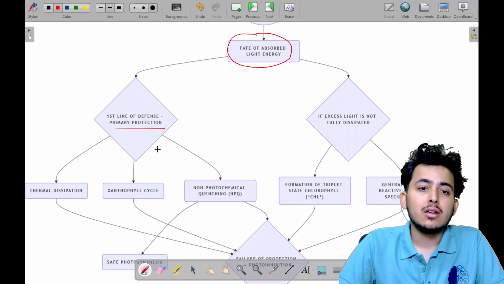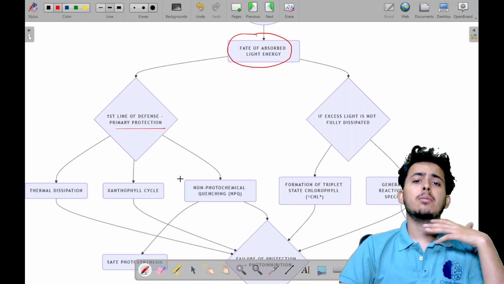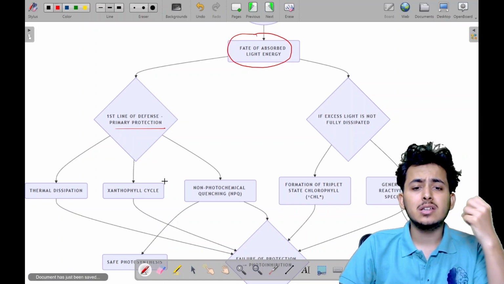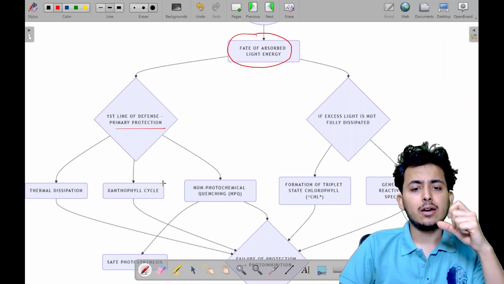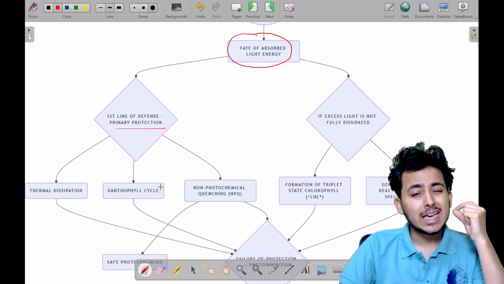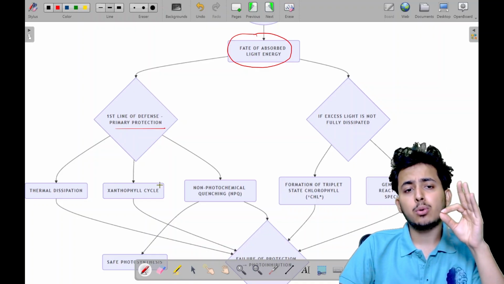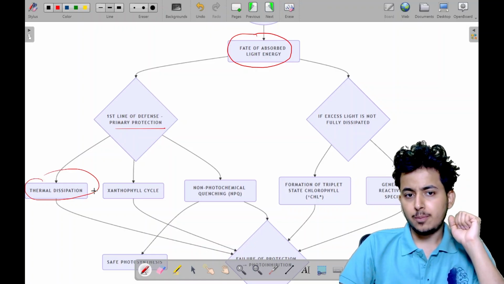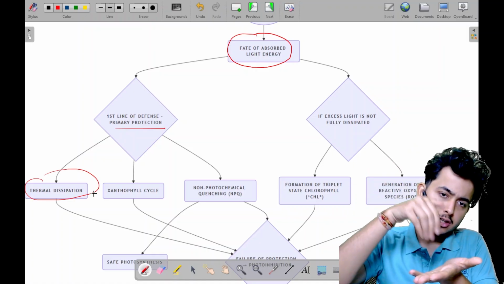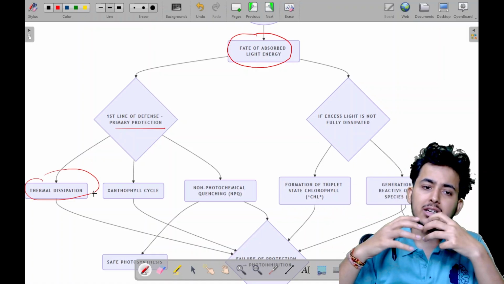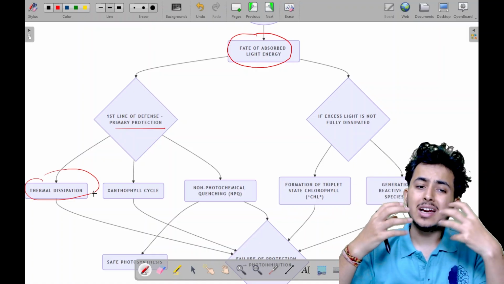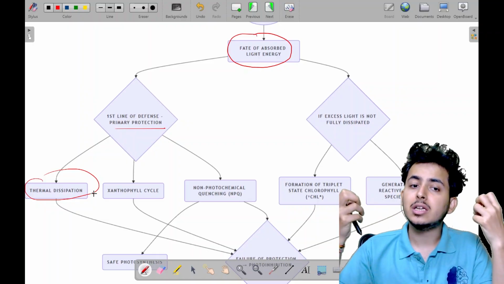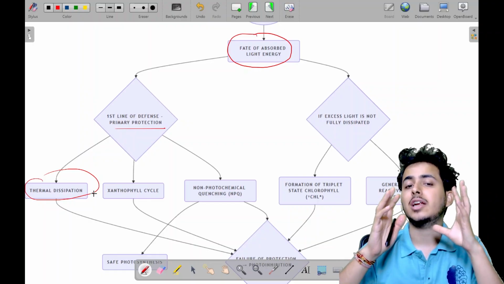Primarily, if a plant is irradiated with high light intensity, it has some mechanisms by which it can protect itself. That mechanism can be thermal dissipation. The plant absorbs the light energy falling on it and dissipates the heat that is produced, and by dissipating the heat it protects itself from high light intensity.